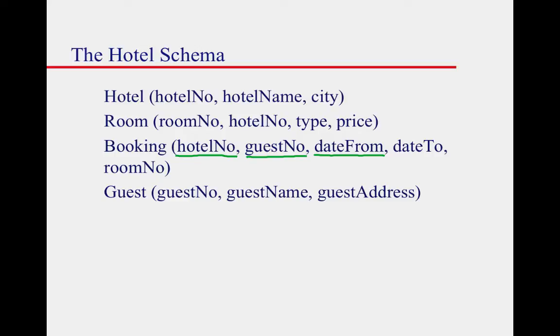Yes? Hotel number, guest number, room number? Actually, that's a good yes, but we might allow, I might call in and say I'd like to have this particular room on March 1st to March 8th, April 1st to April 8th, May 1st to May 8th.